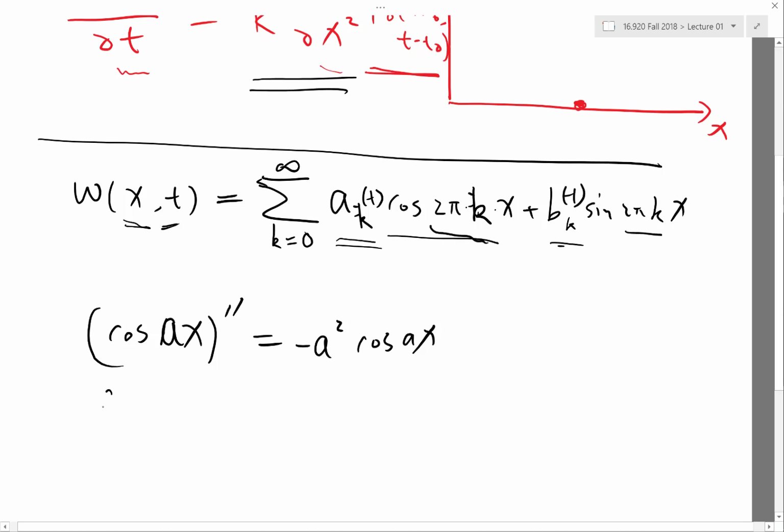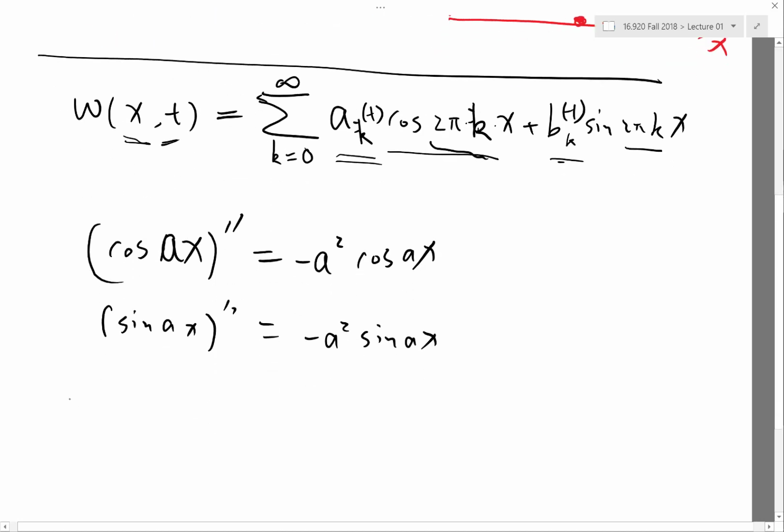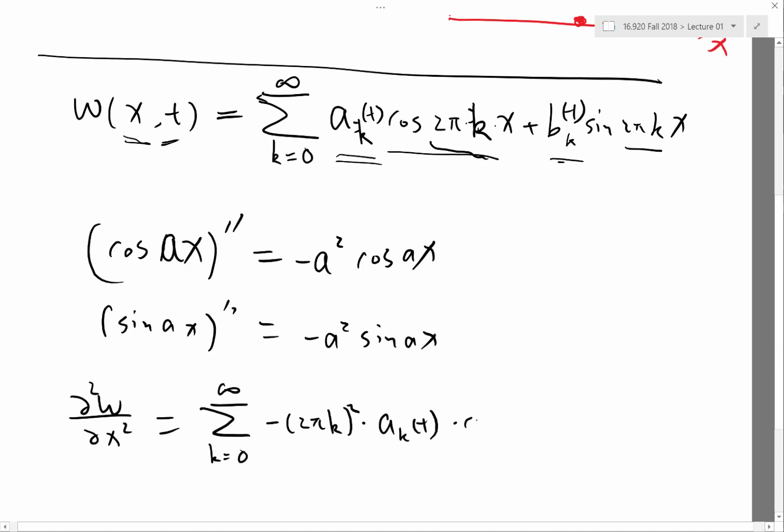The second derivative of sine of ax is also the same thing, just with a minus a squared out front. So that means the second derivative of w has a minus 2 pi k squared times a_k of t times cosine of 2 pi kx.